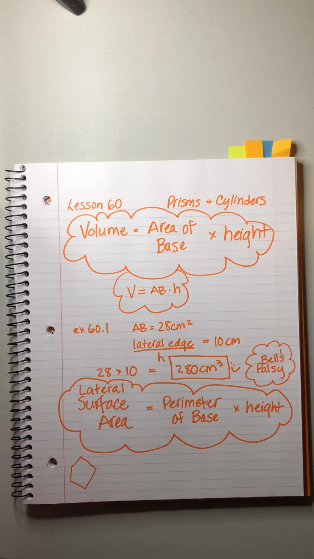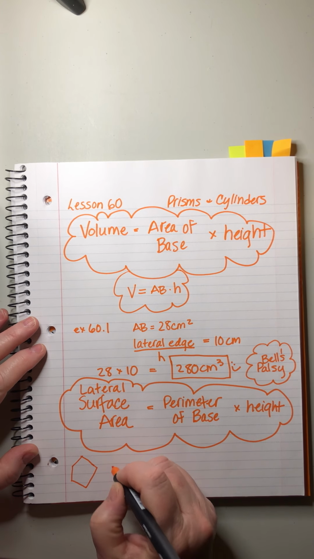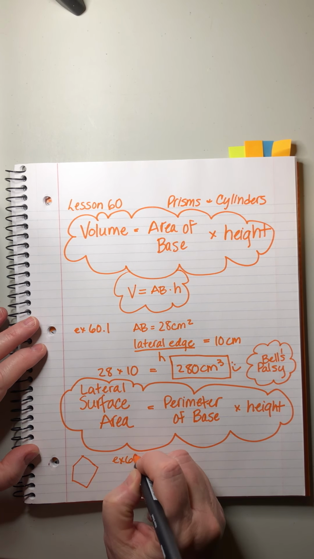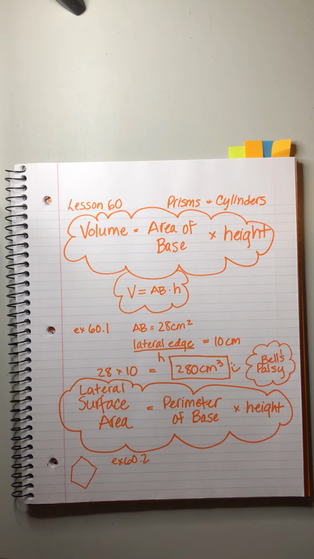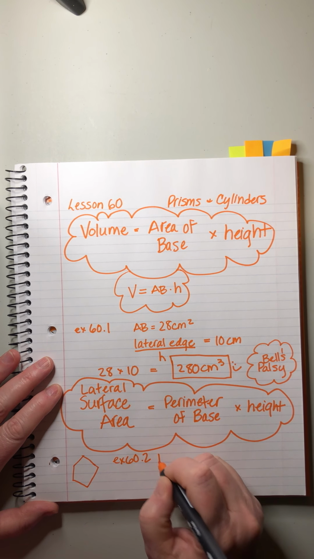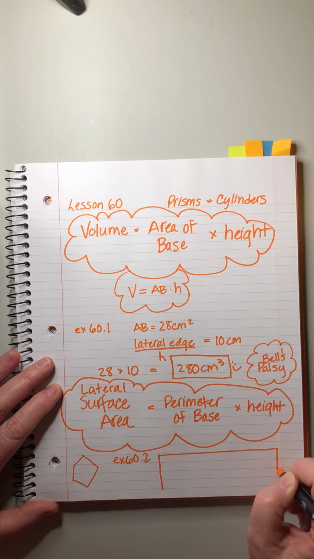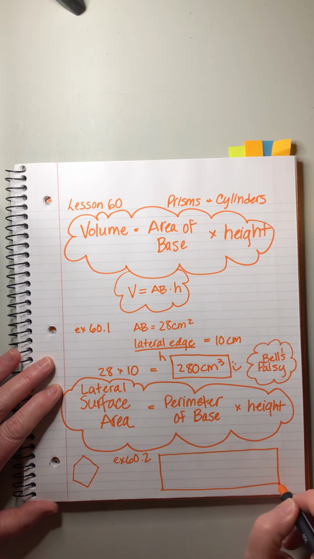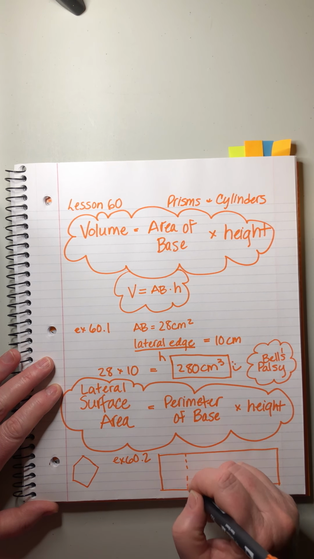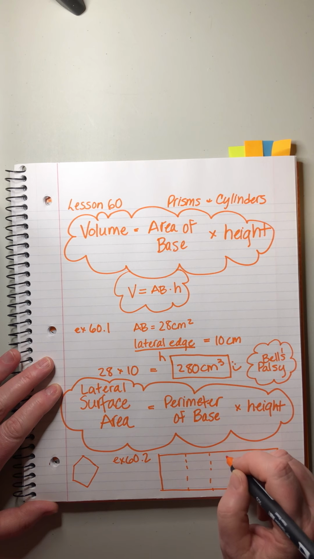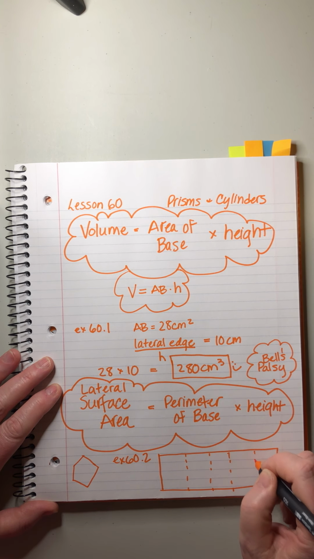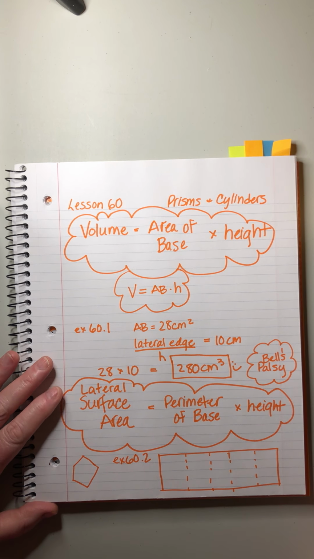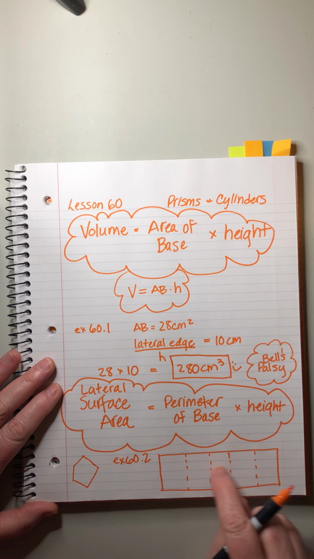So what I like to do for these problems, this is example 60.2, and it's the only other problem for this lesson, I like to draw my cardboard lying down. It's got 5 sections. You can draw them dotted if you want. I don't always take the trouble to do that. Okay, I'm going to pretend I drew that perfectly. 1, 2, 3, 4, 5.